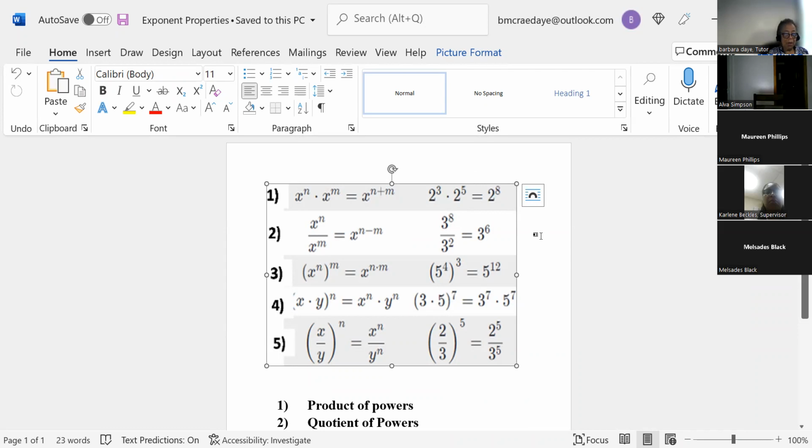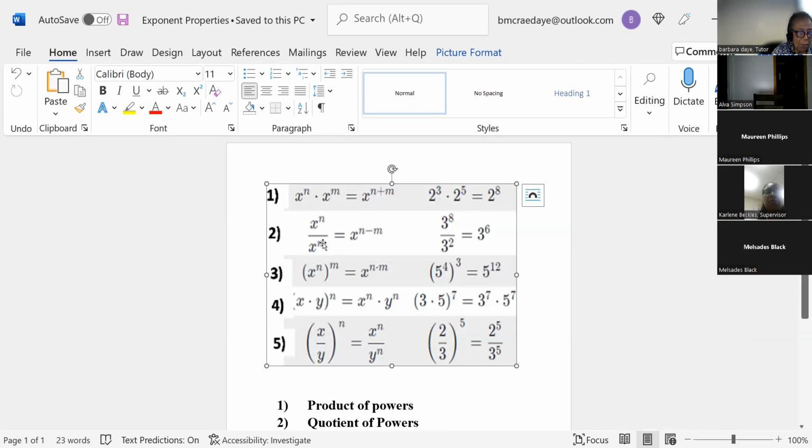Yes, ma'am. Now number 2 is quotient of powers. And a quotient you get from what operation, Mercedes? Divide, that's right. When you divide, the result is called the quotient. So in that case, you subtract the exponents.